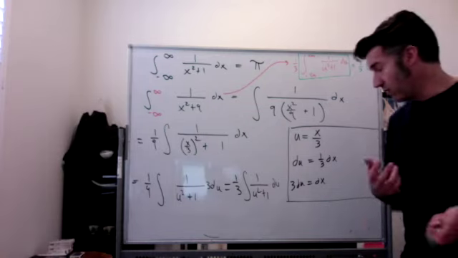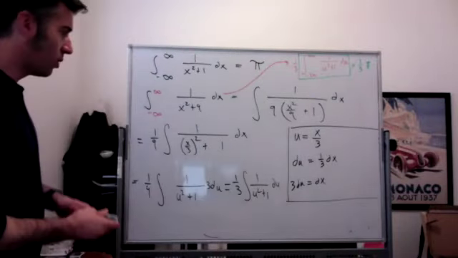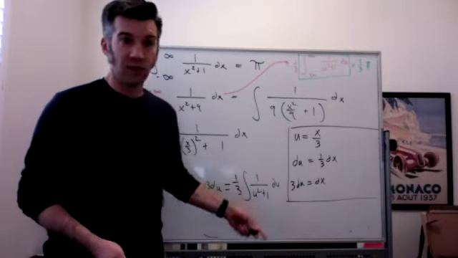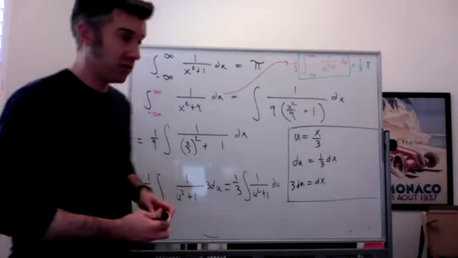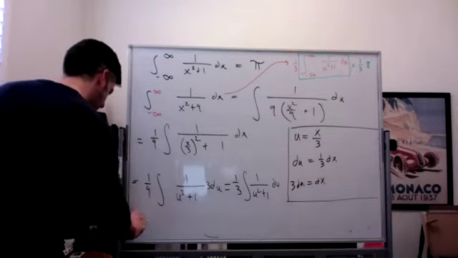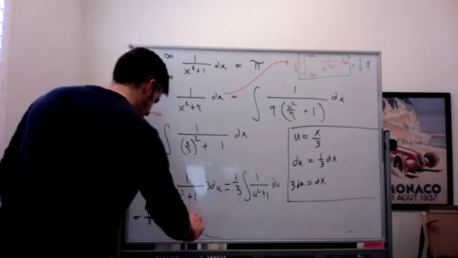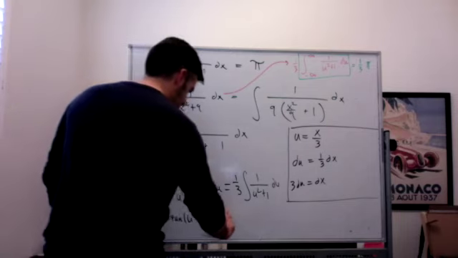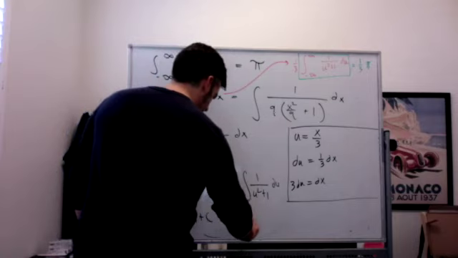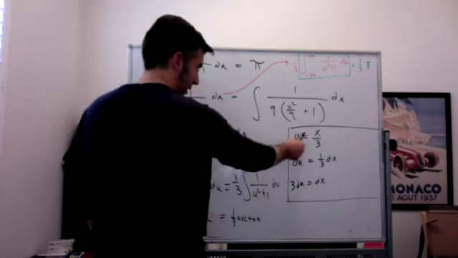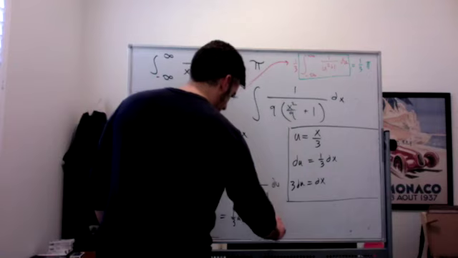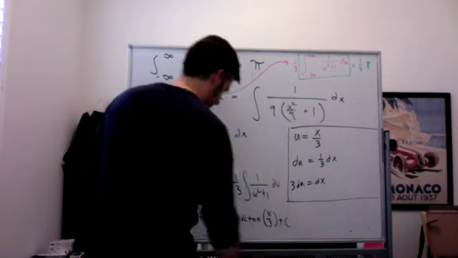I do want to say a little bit more though, because it seems like it's something that's probably worth knowing. We know the integral of 1 over u squared plus 1 is the arctangent of u. This is going to be 1/3 the arctangent of u plus c, which is 1/3 the arctangent of, I plug back in what u is equal to, x over 3 plus c.